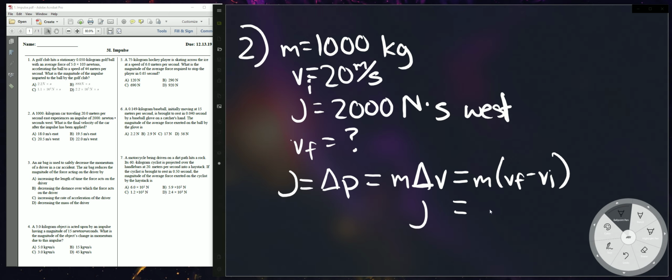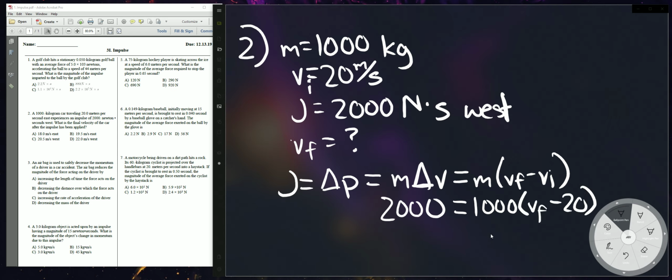We know what our impulse is. Impulse is 2,000, m is 1,000, vf is something, vi is negative 20, so 2,000 divided by 1,000 is equal to 2, which equals vf minus 20. Plus 20, plus 20.